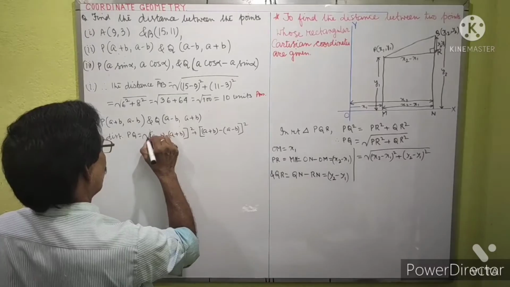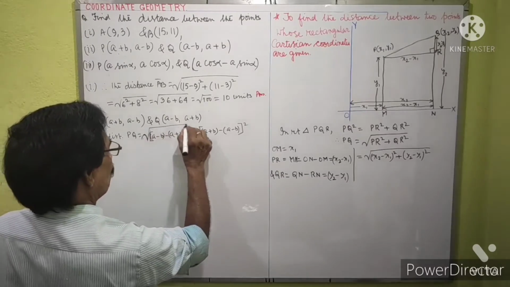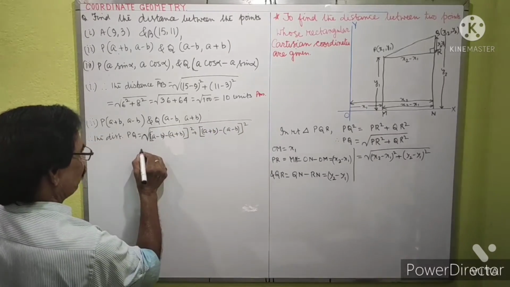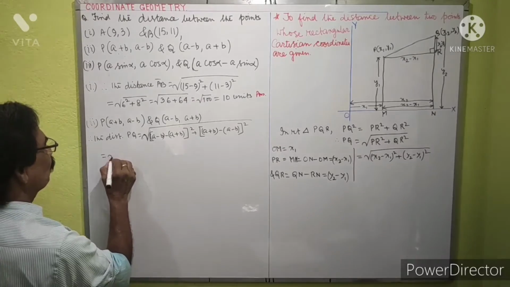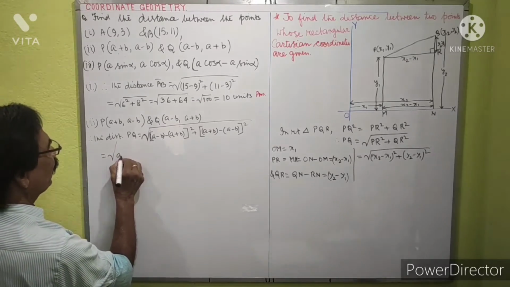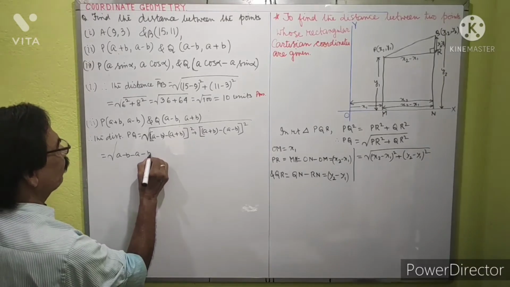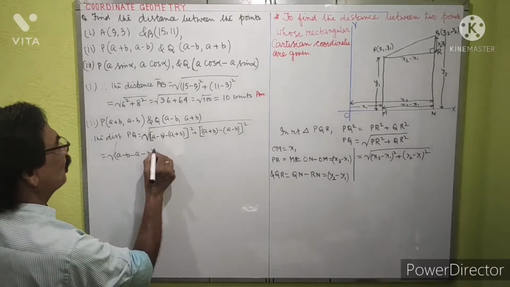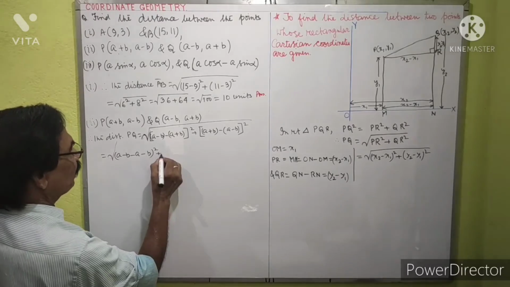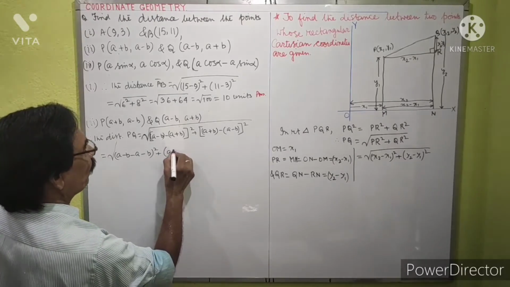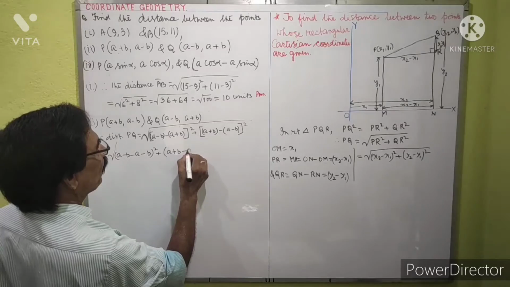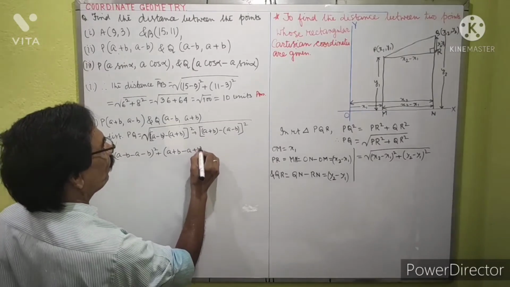This is equal to root over of (a minus b minus a minus b) square plus (a plus b minus a plus b) square.